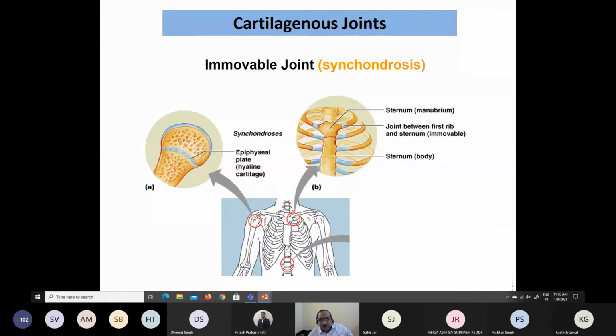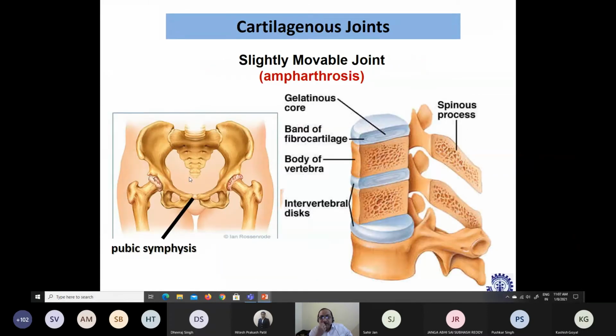near the humeral head, as you can see, and also there is slightly movable joint, which actually means there is some movement allowed at this joint, but it is not entirely movable.